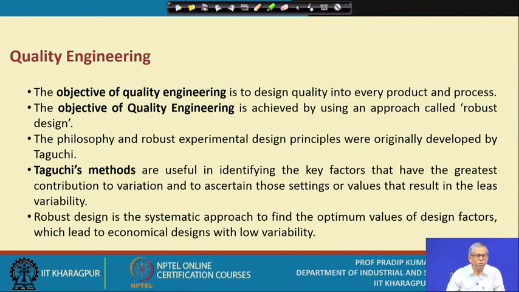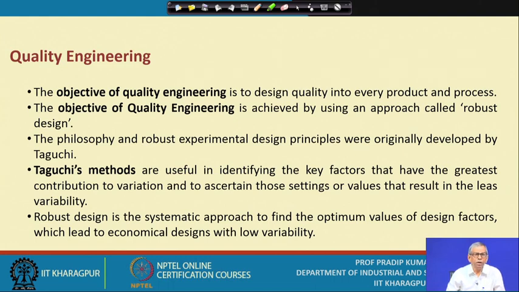That means whenever someone says that he is working on quality engineering, you may assume that he or she is trying to design a product which is essentially robust in nature. So with the help of quality engineering based tools, techniques and approaches, the product is designed in such a way that it becomes robust. Later on we'll define what this robustness is.